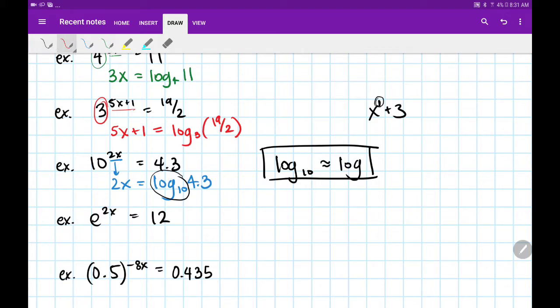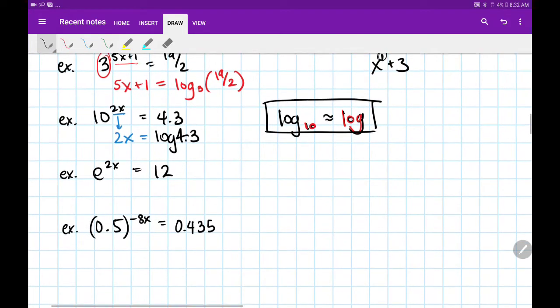Well, in the same way, if I write log and I don't write in a base, that invisible base is really 10. So from now on, when you have a log base 10, we will simply write log. So our final answer here should actually be just log. Actually, I'll rewrite it. 2x equals, instead of log base 10, I'm just going to say log of 4.3.